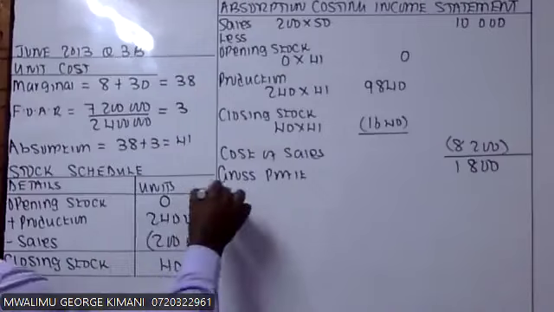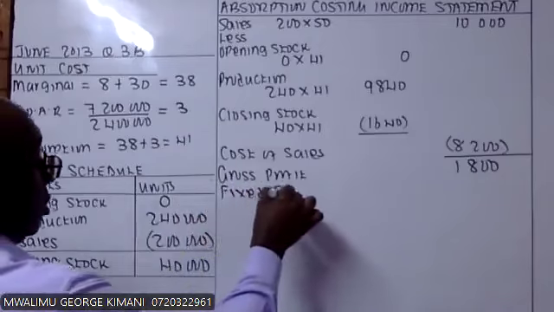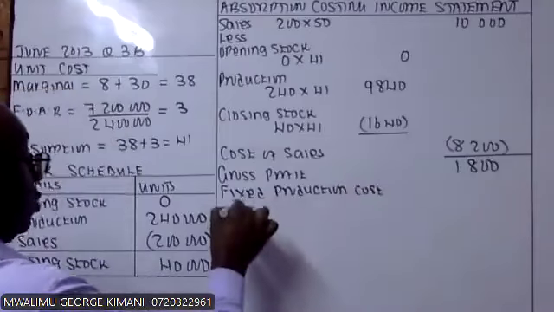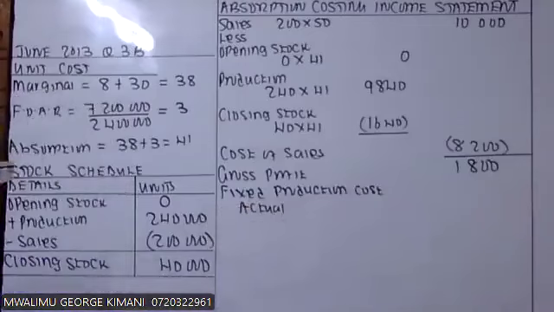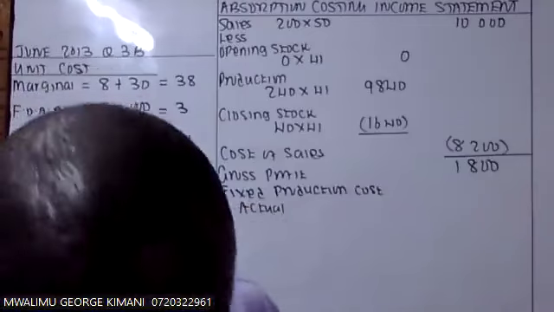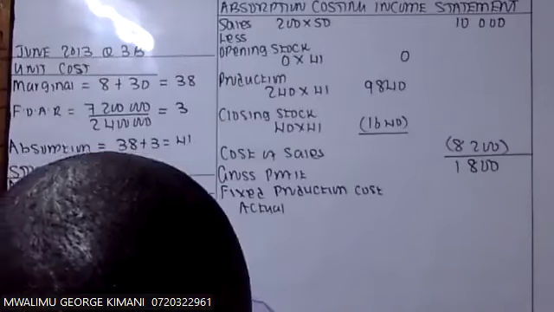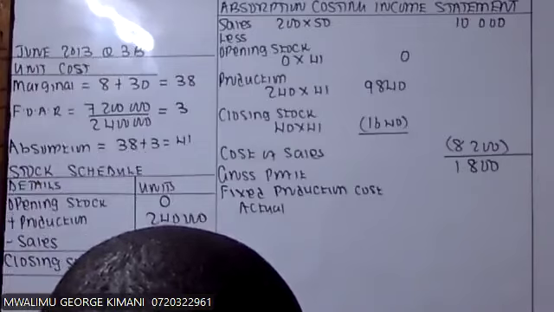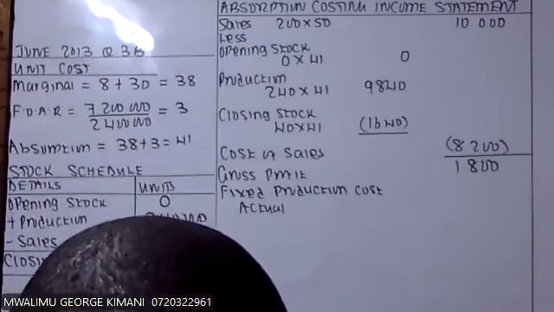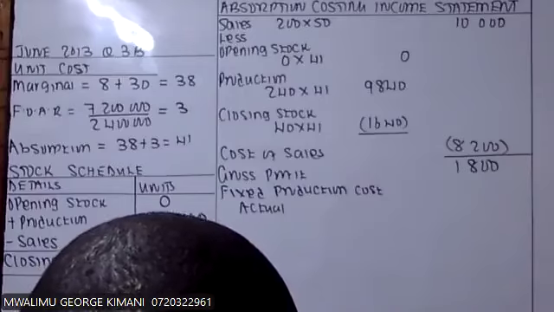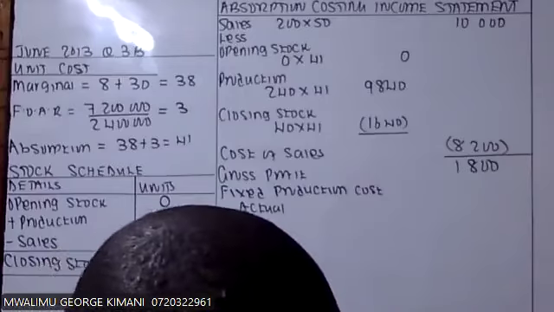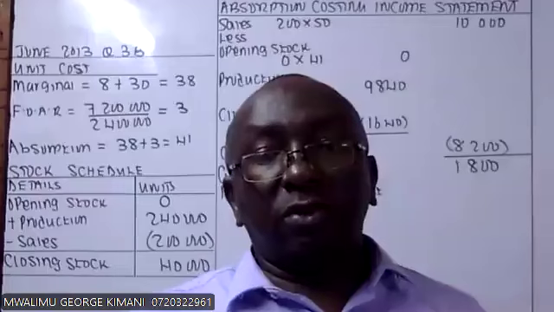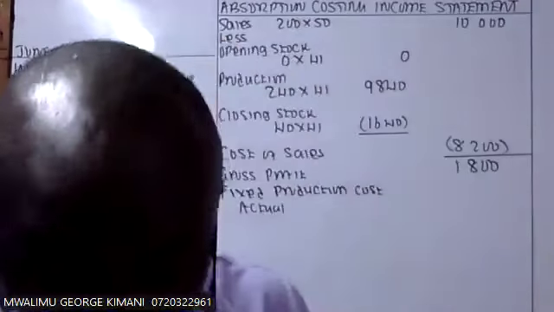Then fixed production costs. Let's start with the actual. The actual is not mentioned in the information. If the actual is not mentioned, you always go with the budget.